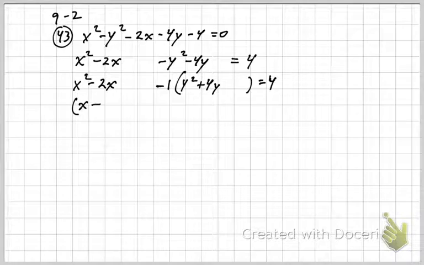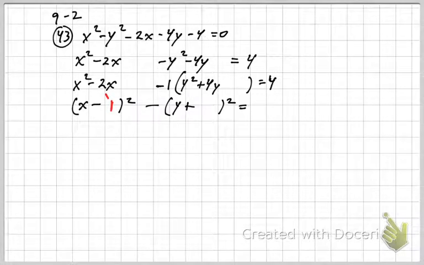Now I have leading coefficients of 1. That should enable me to complete the square. Okay, half of 2 is 1. What's 1 squared? If you add 1 to one side, you have to add 1 to the other side. Any questions?